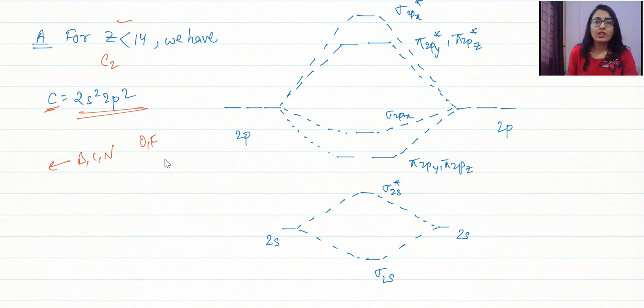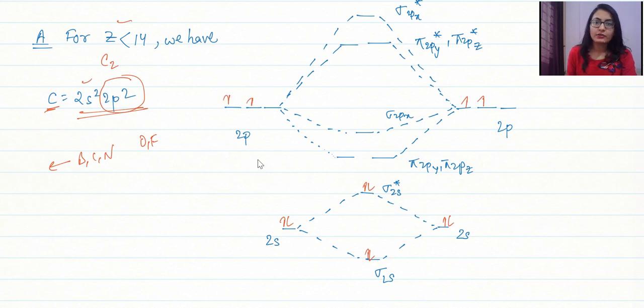As we can see over here, we can just directly take the 2p orbitals. Why? Because in the 2s orbital we can just fill up 2 electrons in the sigma bonding as well as sigma anti-bonding. It's very easy. In the 2p orbitals we are having only 2 electrons.